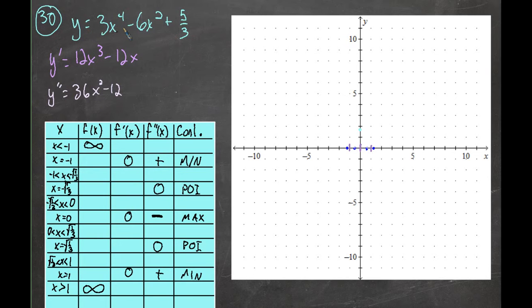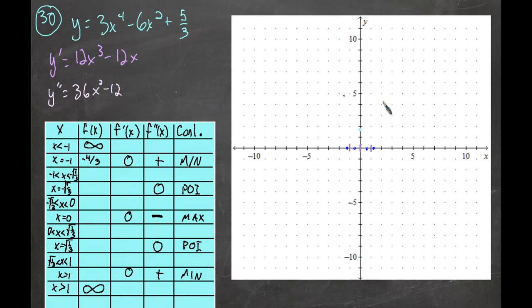Well, that's positive, and that's going to be positive, so that's negative, so -3 plus 5/3. That's -9/3 plus 5/3, so -4/3. I'm going to double check myself. Alright, I just want to make sure I was right there. Okay, so we have a point of inflection. Where is that point of inflection? We need to put in the negative square root of 1/3.